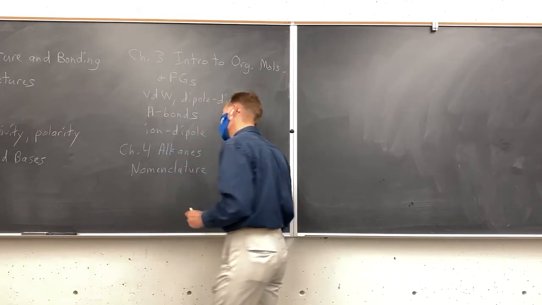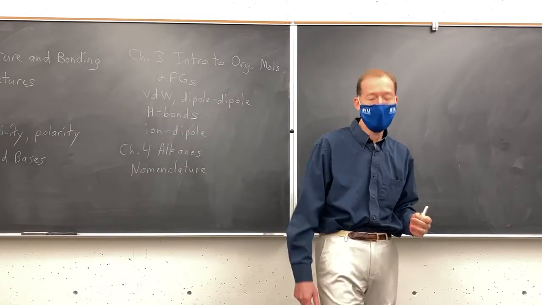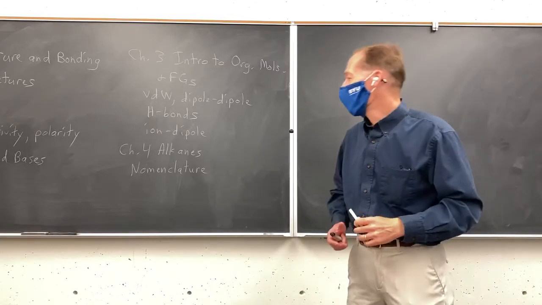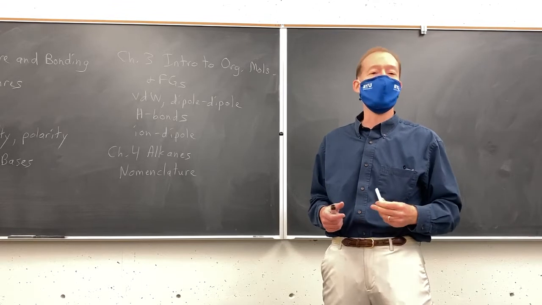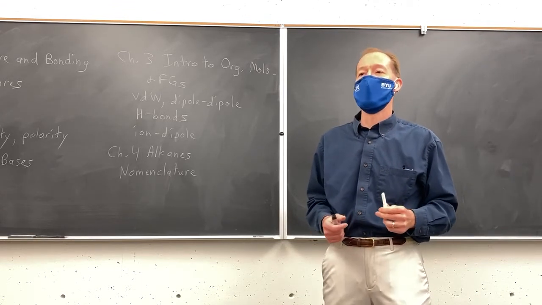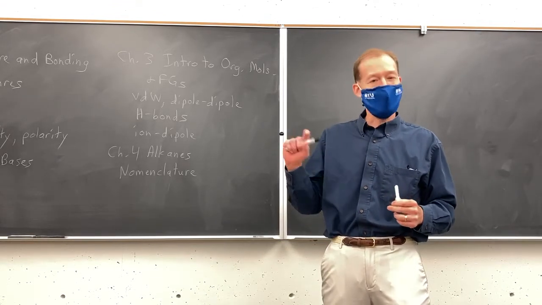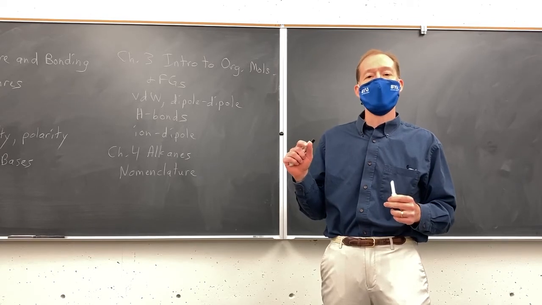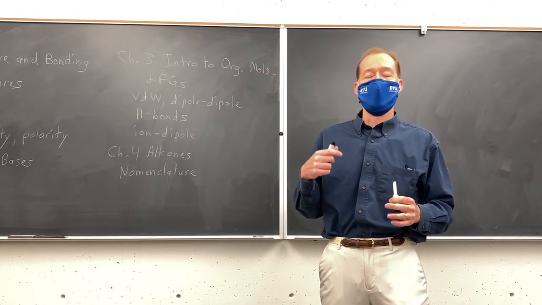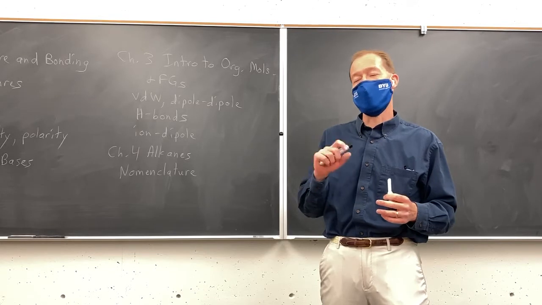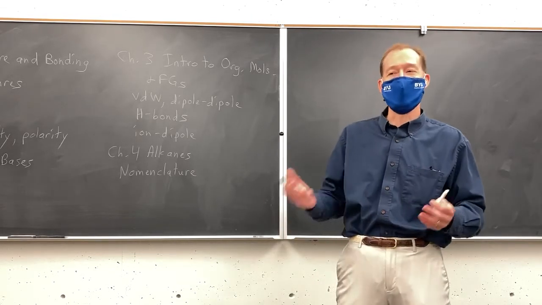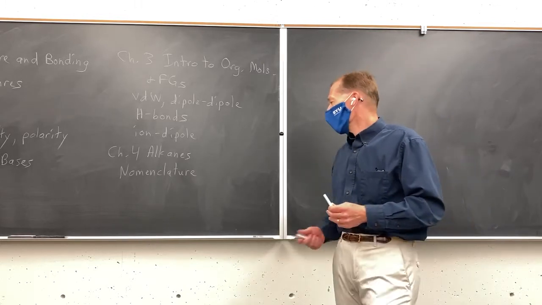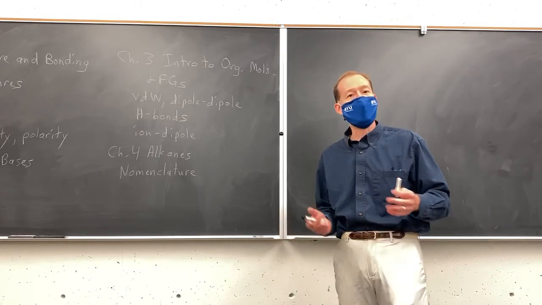As you know by now, nomenclature is not my favorite topic, and we typically are testing nomenclature in an indirect fashion at this point in the class, where you're seeing the names of organic compounds in the problems, either in the questions or in the answers to the questions, and you have to know what those structures are to be able to answer those questions. And you'll probably see a few questions like that on the final.